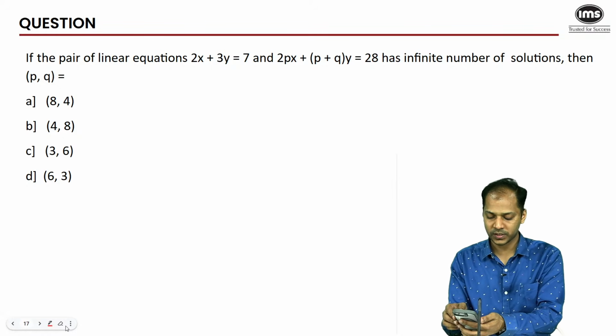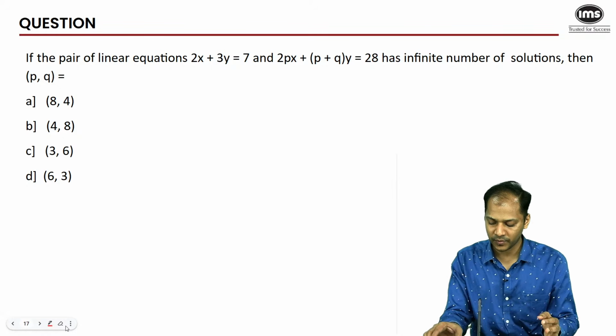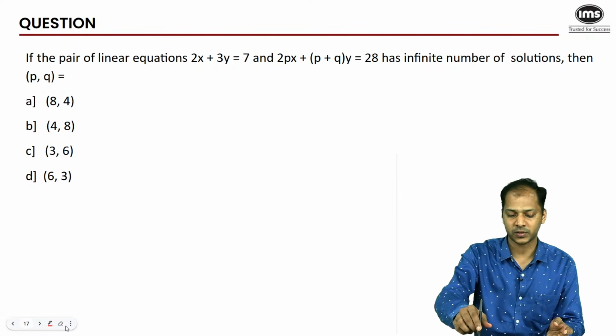Okay, so this one is a question where I'm seeing slight variations in the answers. Someone has got a D, someone has got a B.